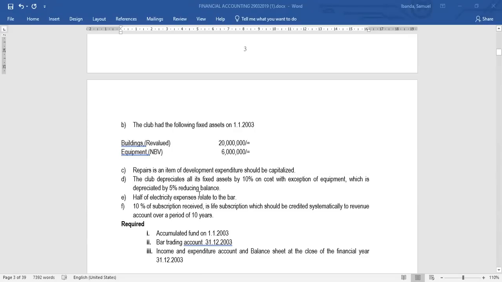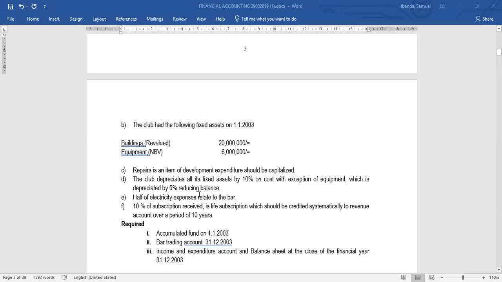Then they also want us to prepare the income and expenditure account. And then they also want us to prepare a balance sheet at the close of the financial year.